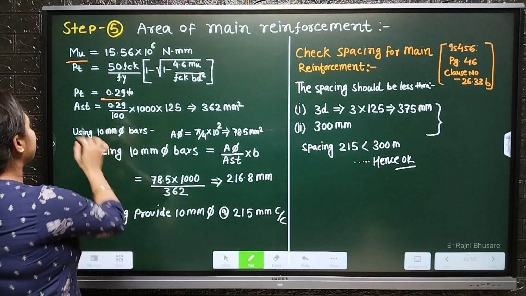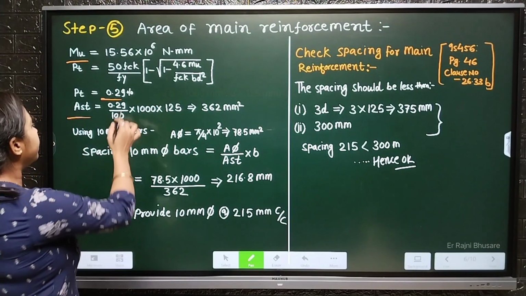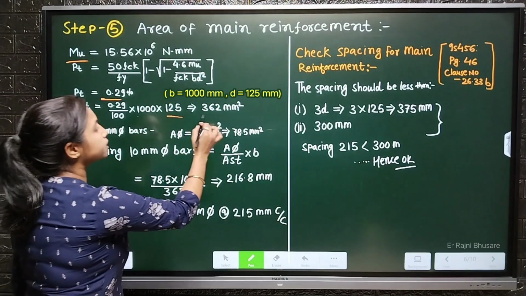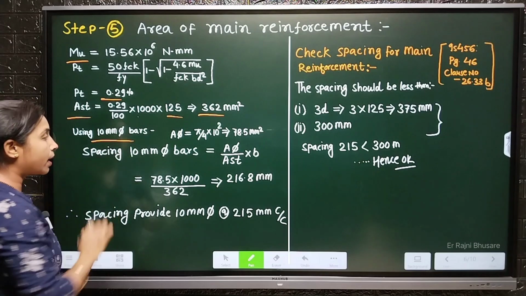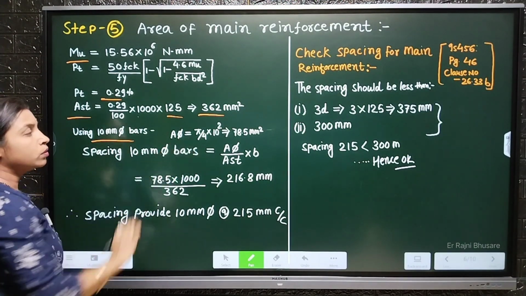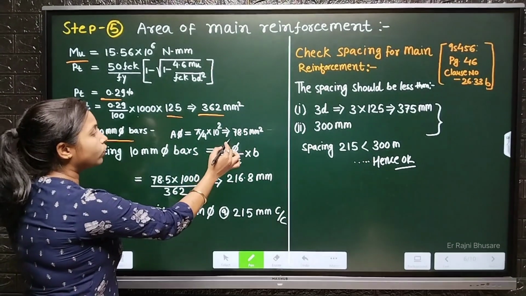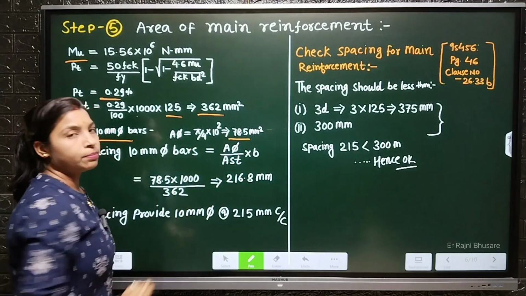Now we will calculate the area of steel. Their formula is Pt upon 100 into 1000 into d. Here it is 362 mm square. After that, using 10 mm dia bars, the area of 1 bar, their formula is pi by 4 into d square. So our d is 10, and the calculated value is area of 1 bar 78.5 mm square.